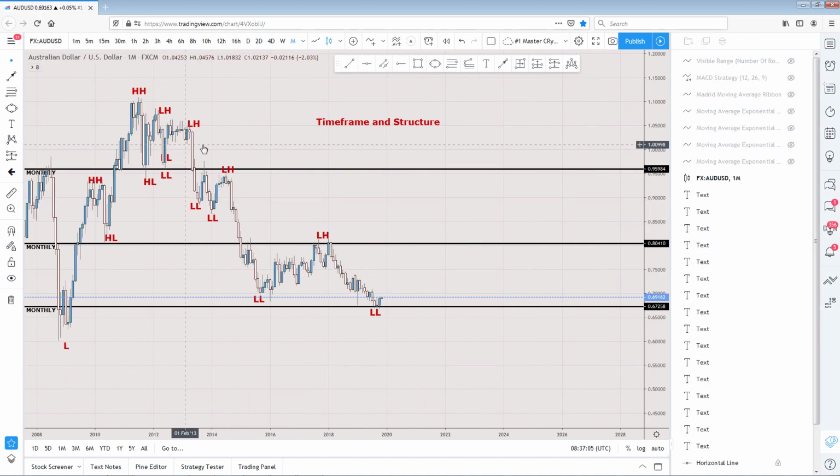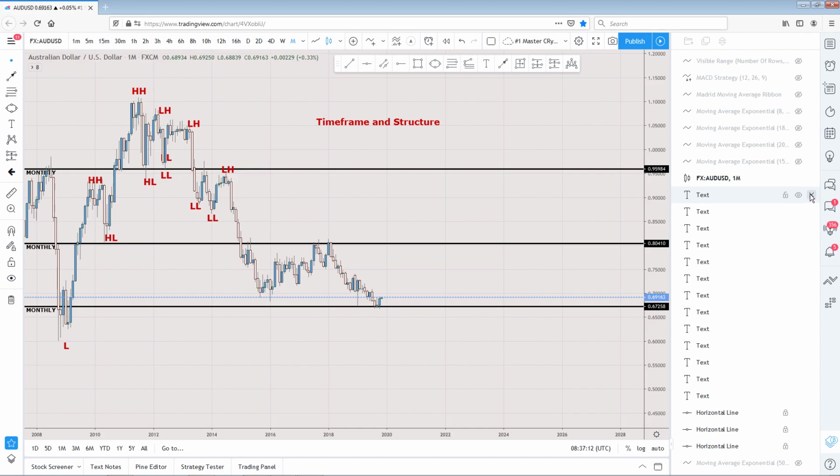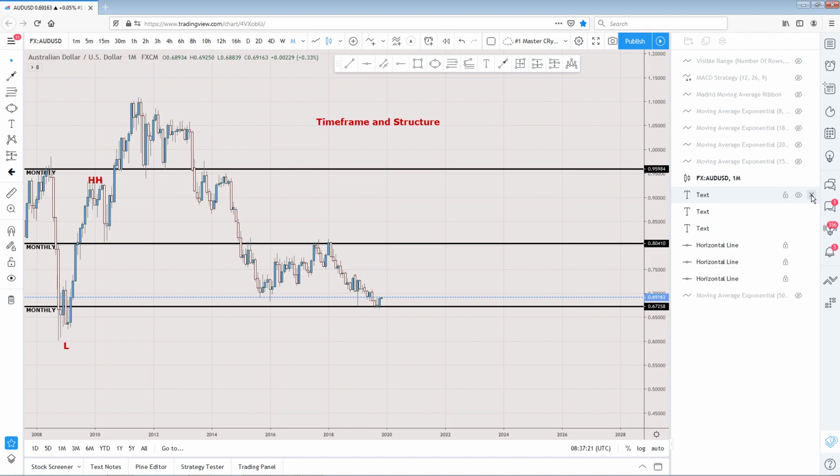You can actually delete things on your chart through here. So I'm going to delete all this text here because I don't want to confuse us when we go on the next chart. This is a good feature for you guys to know as well. It's called object tree. It shows all the objects on your chart.